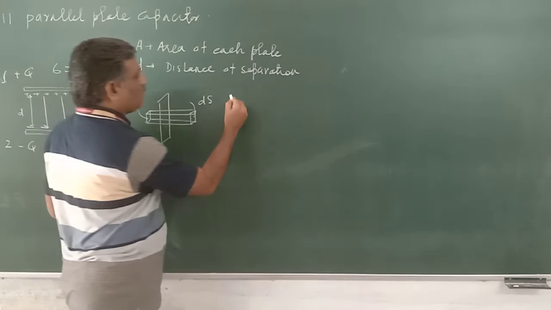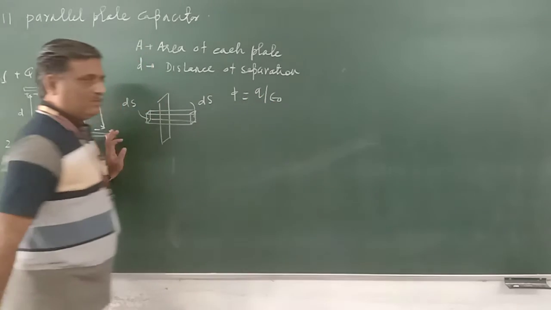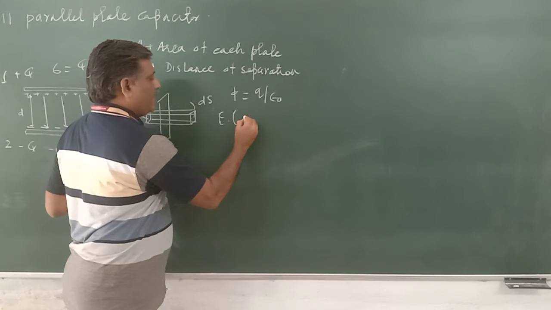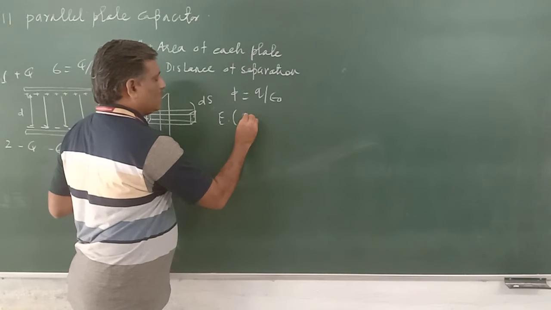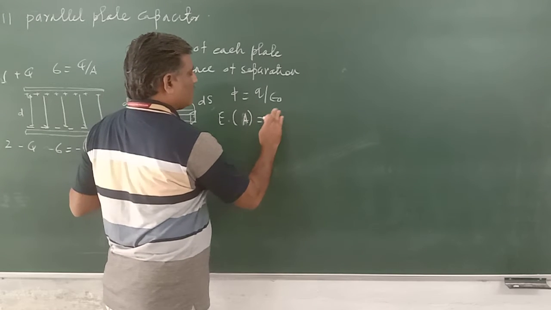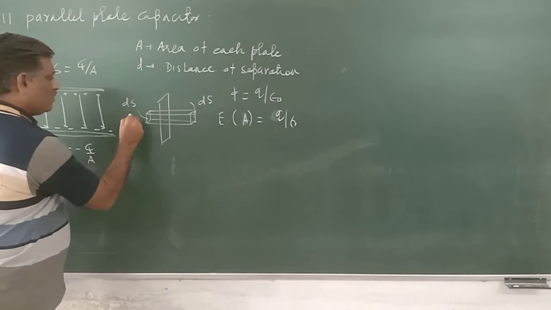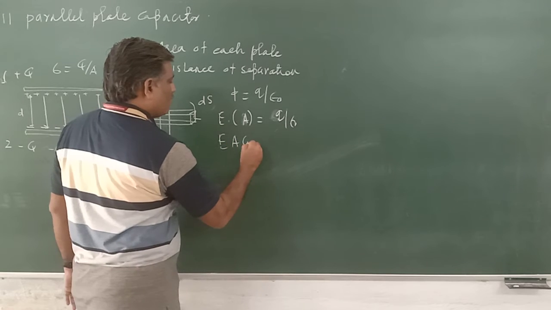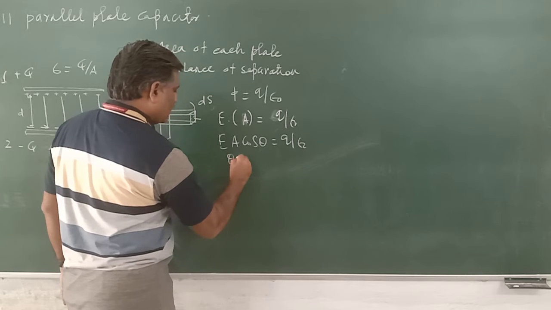Now what is Gauss's law? Phi is equal to Q divided by epsilon 0. It is nothing but E dot A, which is equal to Q divided by epsilon 0. The field is normal to the surface, therefore E A cos theta is equal to Q divided by epsilon 0, where theta is equal to 0.